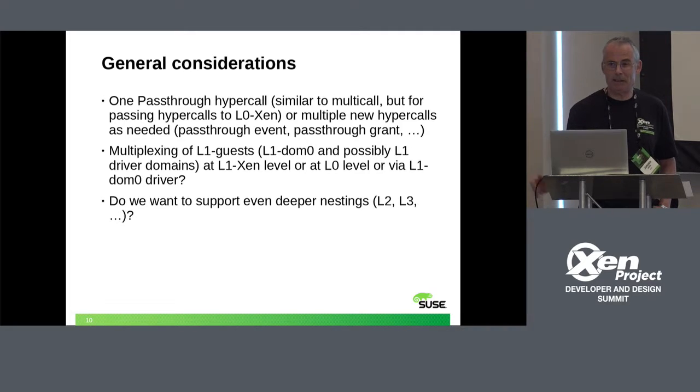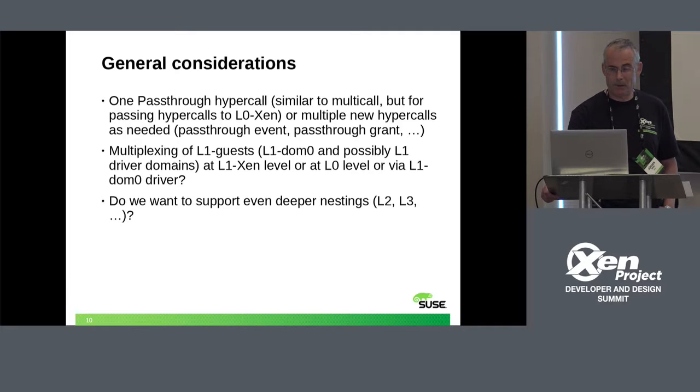We need grant operations from level 1 to level 0 in multiple domains. That's not very easy. So where should this multiplexing be happening? Is that done in level 1 Doms, in level 1 Xen in the hypervisor, or at level 0, or maybe even a kind of pass-through driver in level 1 Dom0?